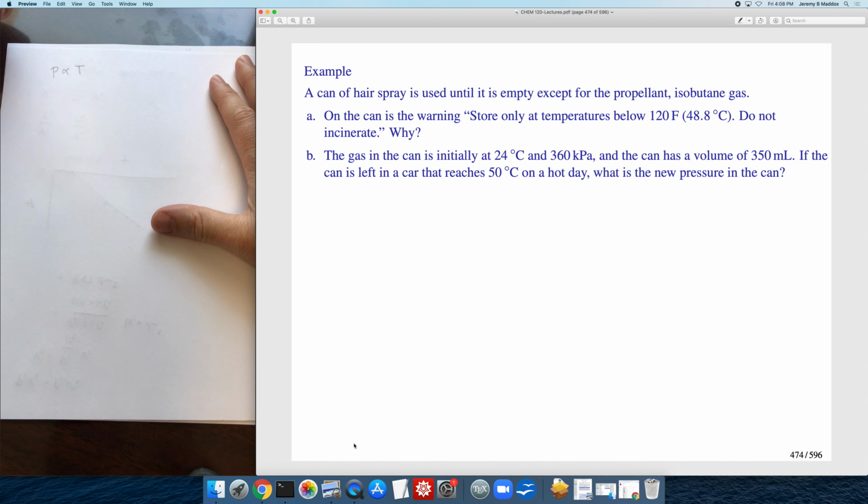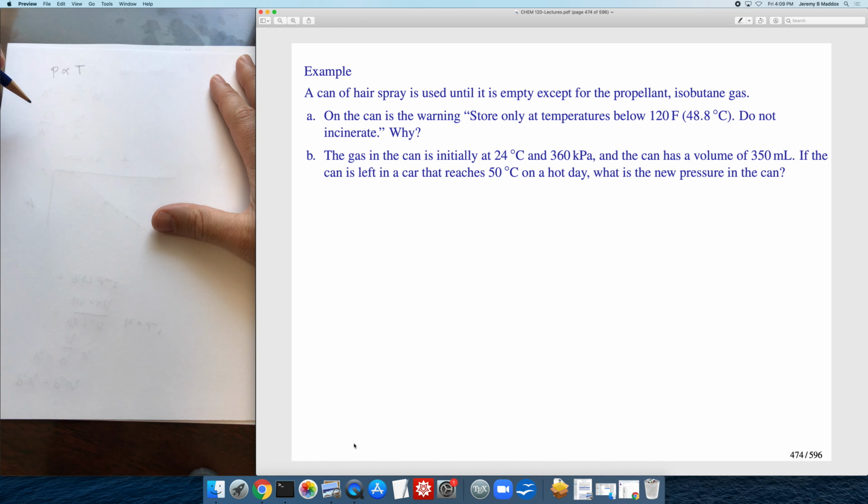This is Gay-Lussac's law. So if you increase the temperature of the hairspray can, the temperature of the gas goes up and the pressure goes up. It might explode, it could spark, and it could ignite the isobutane gas, causing an explosion, which would be very dangerous. So that's why you don't incinerate flammable gas containers.